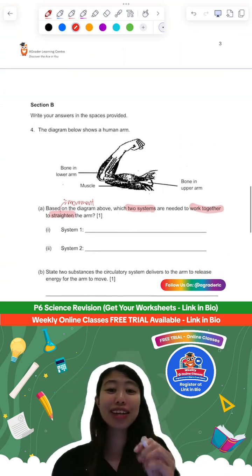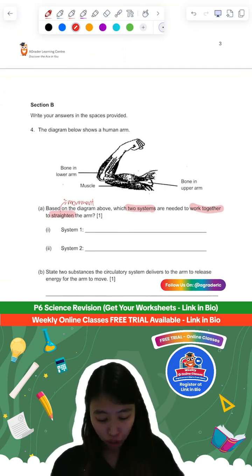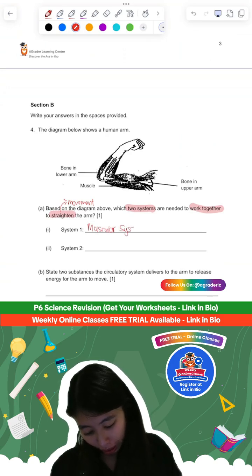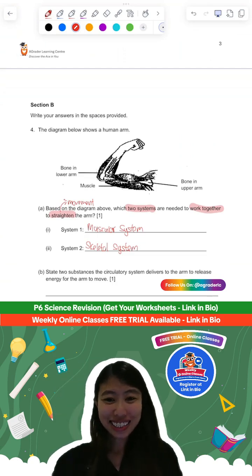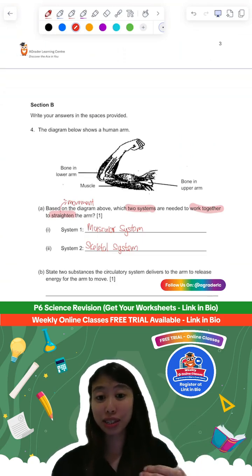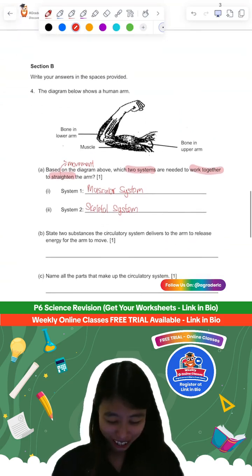Anything to do with movement is tentatively these two main systems, which are your muscular system and your skeletal system. If you swap the other way around, skeletal system then muscular system is fine as well. So good, so happy.